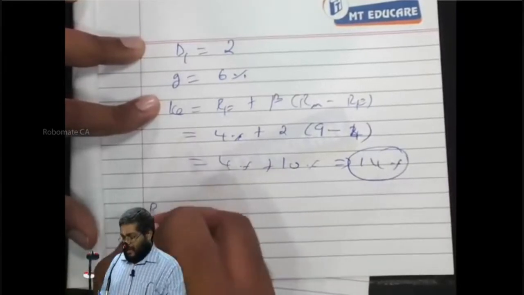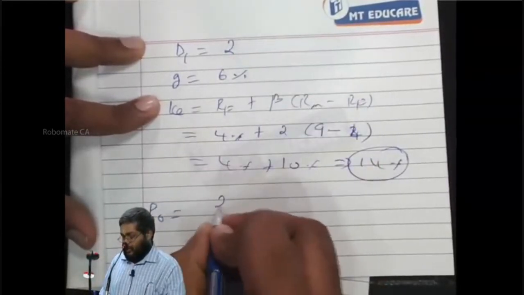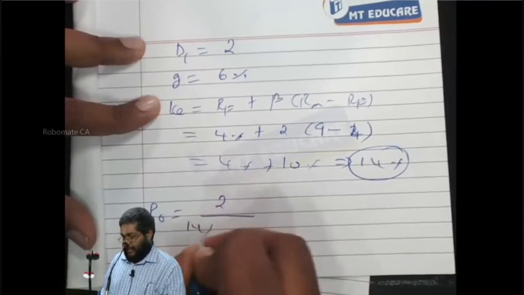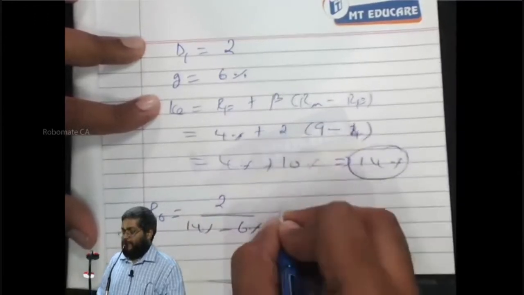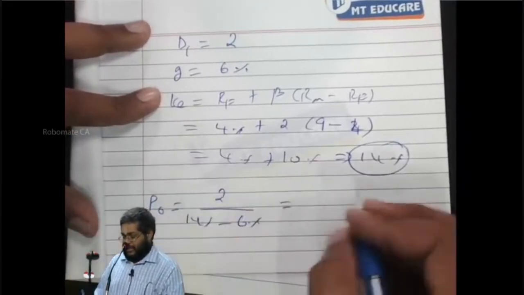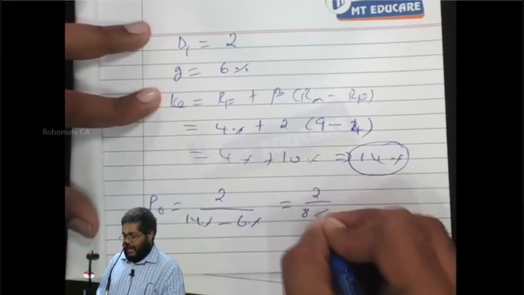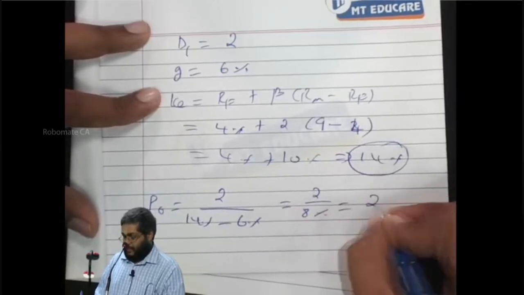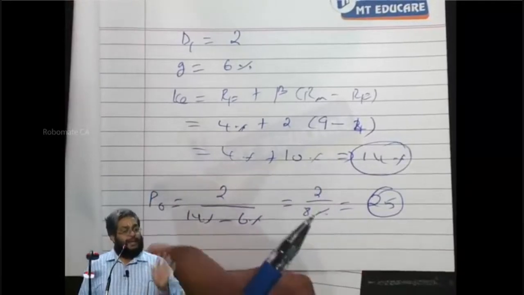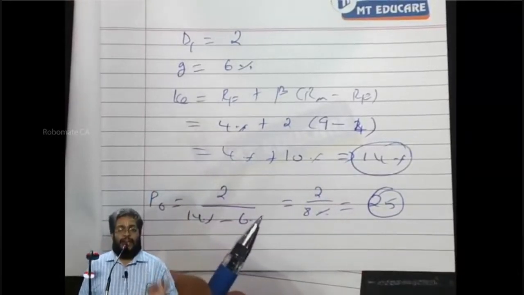Now you apply the formula: P0 equals 2 divided by KE minus g, which is 14% minus 6%. Everybody understanding? 2 divided by 8% is how much? 25. That means this share should be trading in the market at 25.